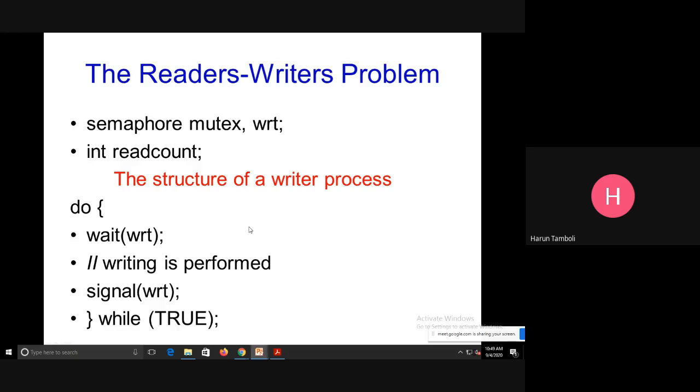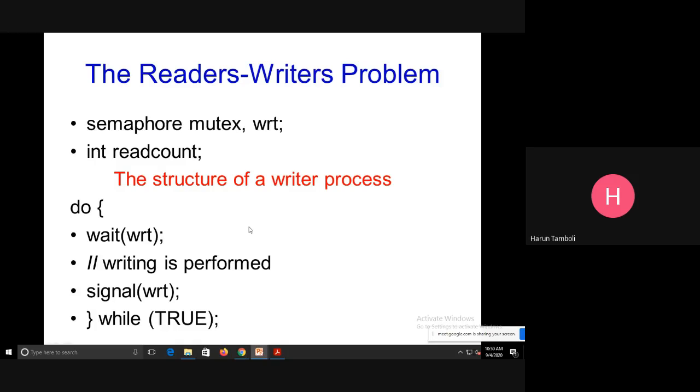Okay, in the writer process, only one writer is allowed to write on the shared data, since only one process is allowed to enter the critical section. For this purpose we can use the wait and signal functions.